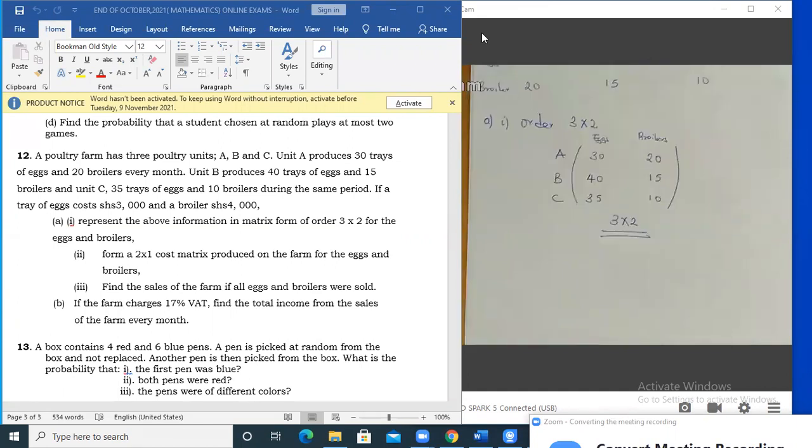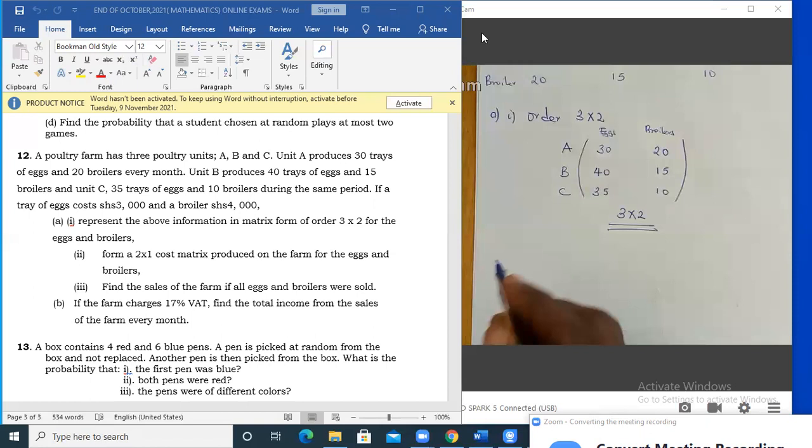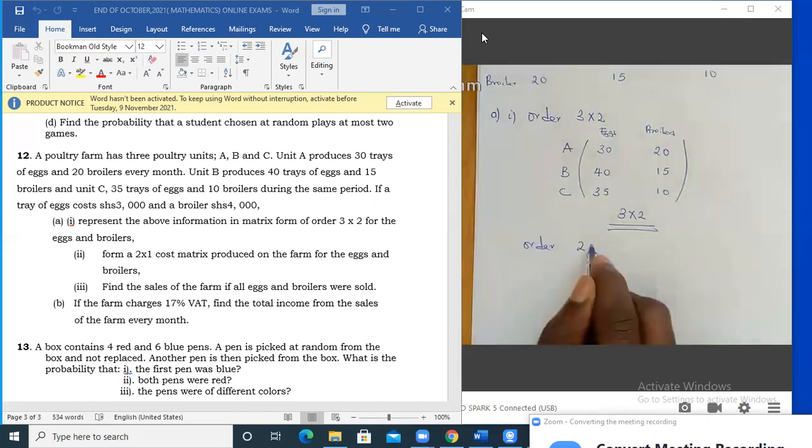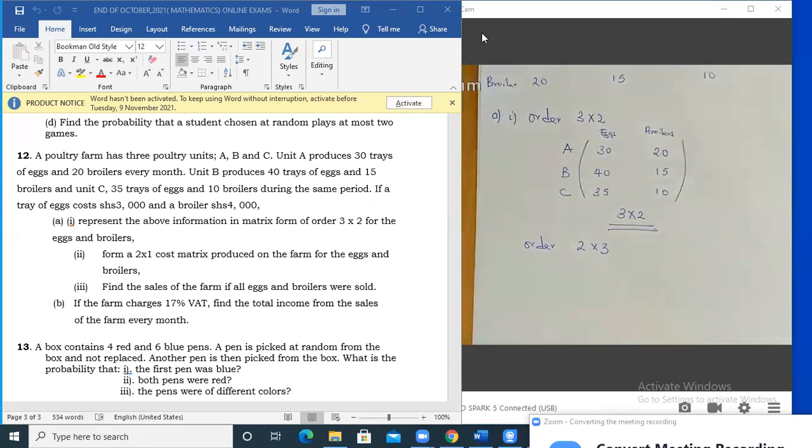What if they were asking for 2 by 3? Which means we are going to have how many rows? 2. How many columns? 3.